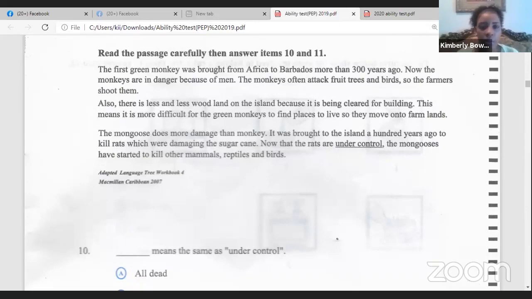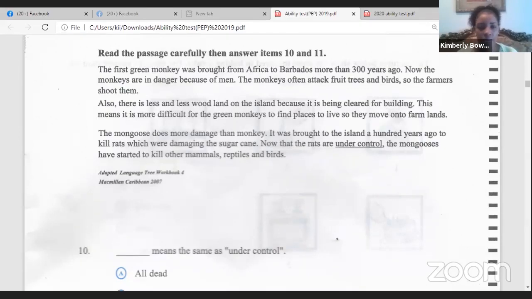So the first green monkey was brought from Africa to Barbados more than 300 years ago. Now the monkeys are in danger because of men. The monkeys often attack fruit trees and birds, so the farmers shoot them. Also, there is less and less woodland on the island because it is being cleared for building.